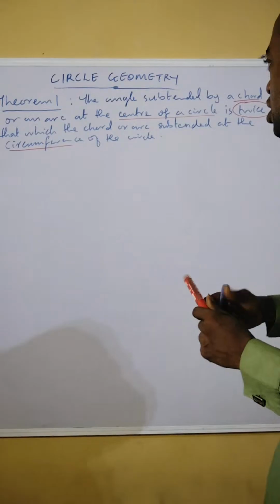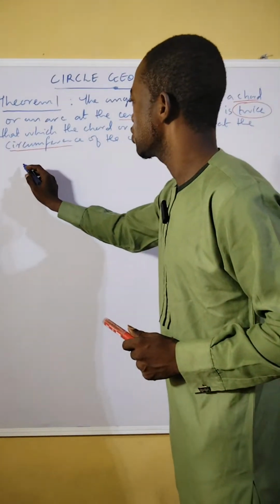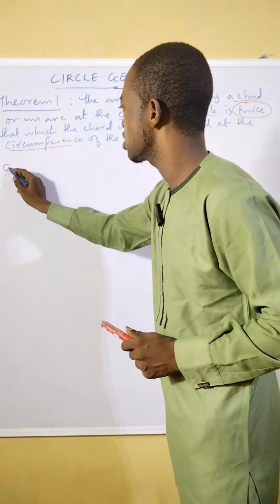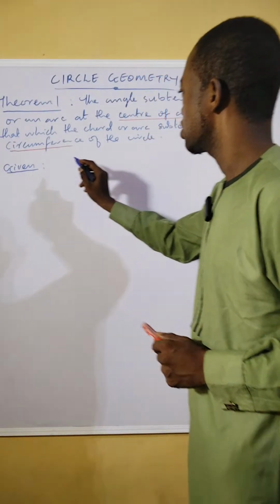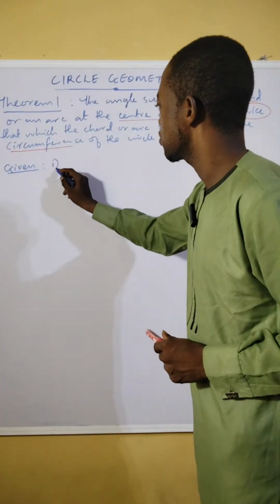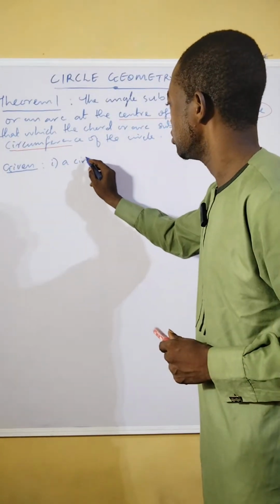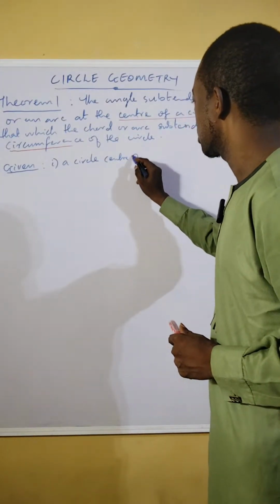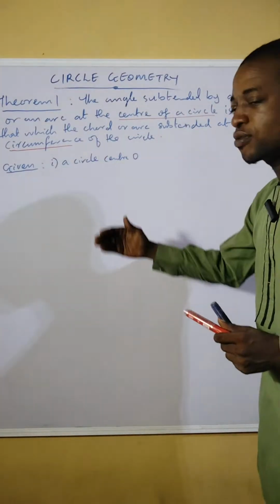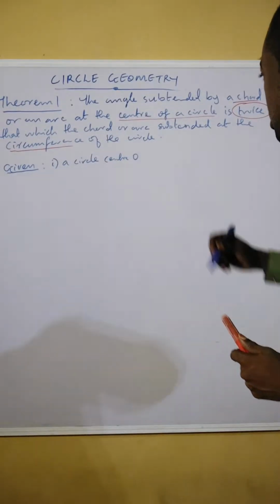Now let's consider the proof here. To prove the theorem, the first thing is that we should list out what is given in the theorem. So what are we given? First, we have a circle with center O. As we are writing what is given, we can demonstrate it by drawing the diagram.